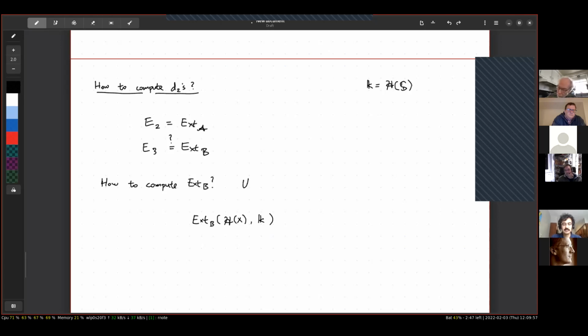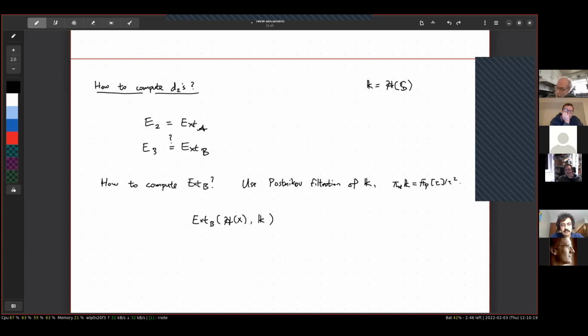So the idea is to use the Postnikov filtration on K, since the homotopy groups of K are F_p adjoin tau mod tau squared.